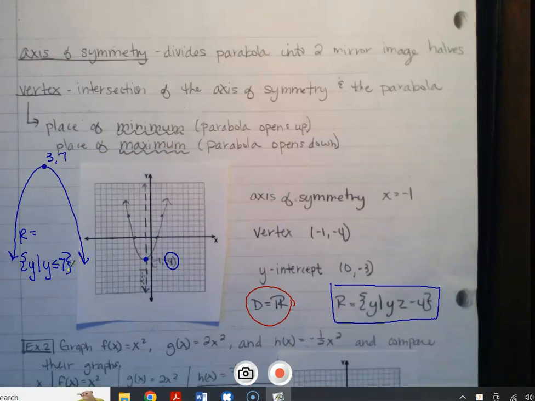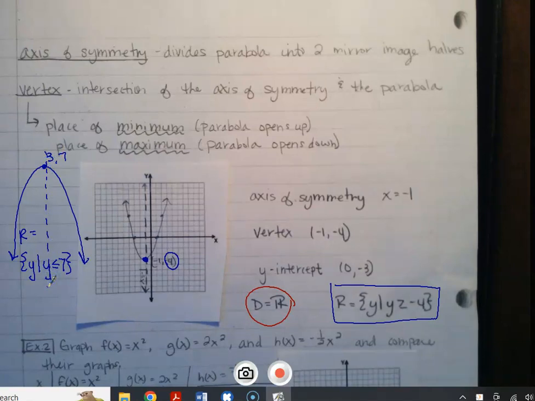That's it. Your vertex, your minimum, your maximum, your range, all of those things come from the same point on your parabola. So if you can find your vertex, you can find the minimum, the maximum, the range, all of that stuff, and your axis of symmetry, because that revolves around it.